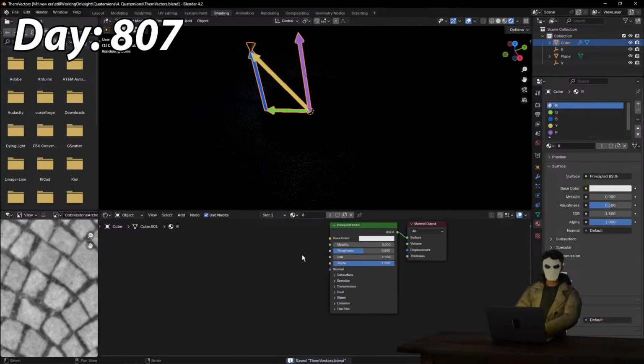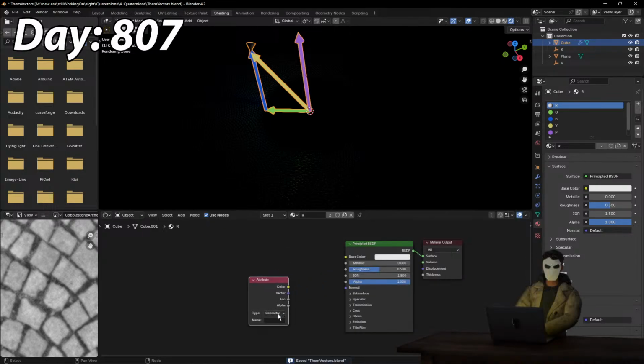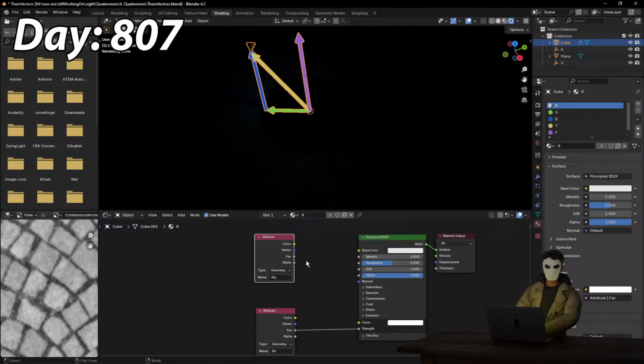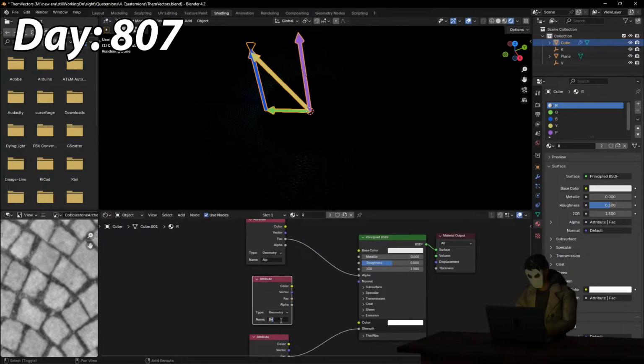And it's going to be attribute brightness plugged into emission, attribute alpha plugged into alpha, and attribute color actually plugged into the color.